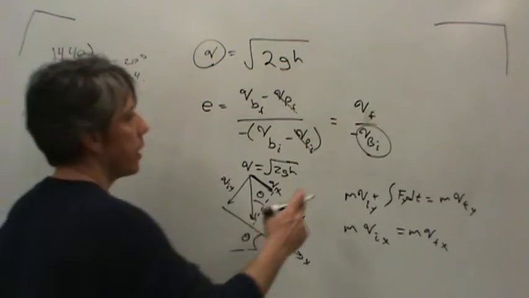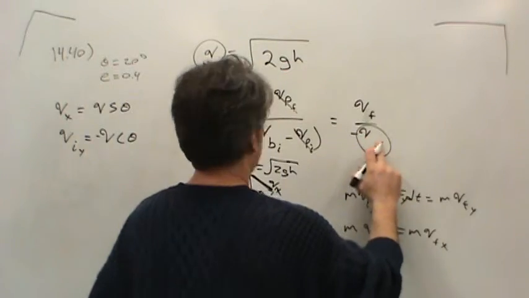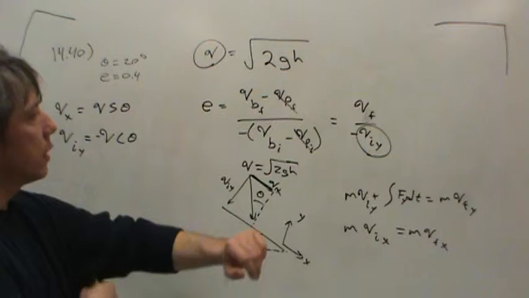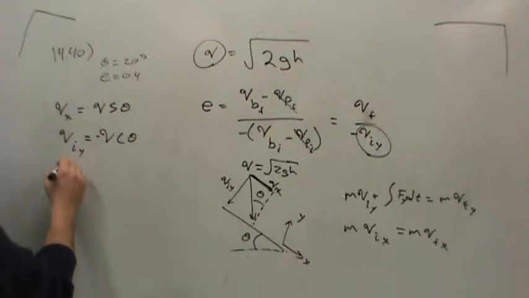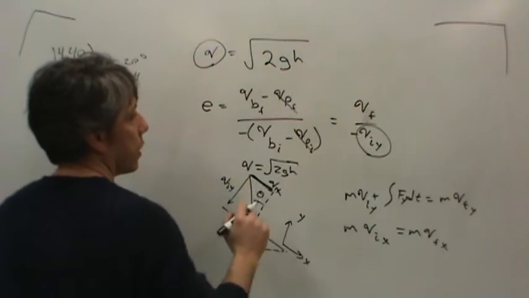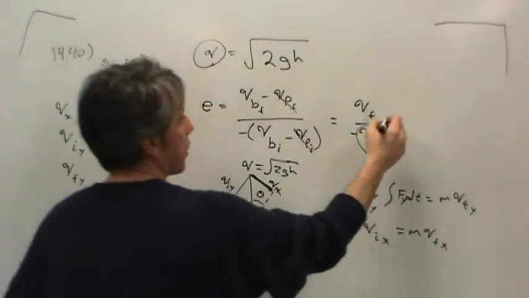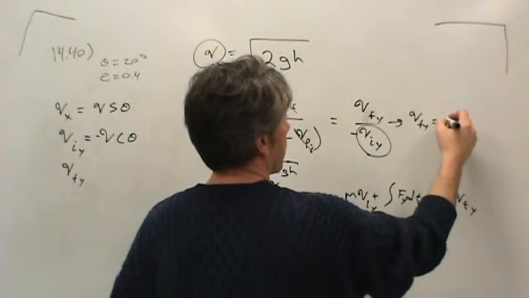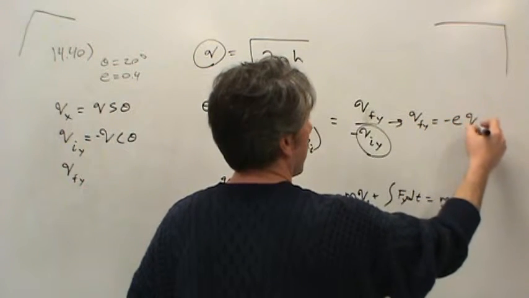And so, really, this is Viy. Of course, we're just talking about the ball. And so now you see that it's pretty easy to come up with the Vfy. That's really just this right here, right? Just rearrange the equation. Vfy would be equal to negative e Viy.